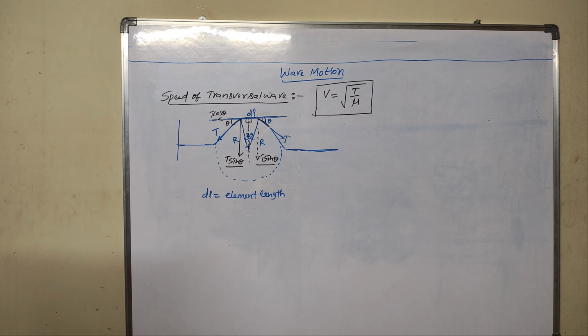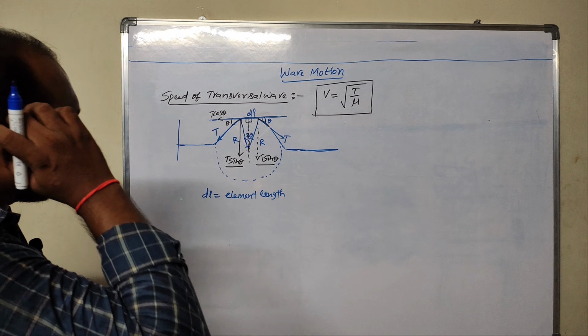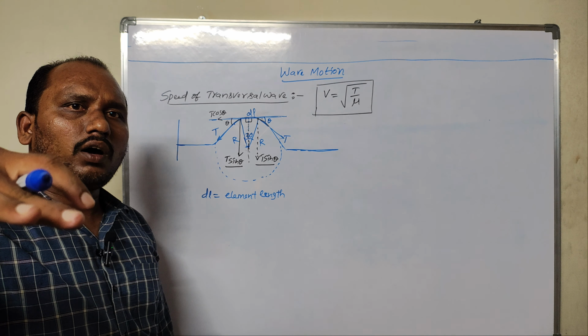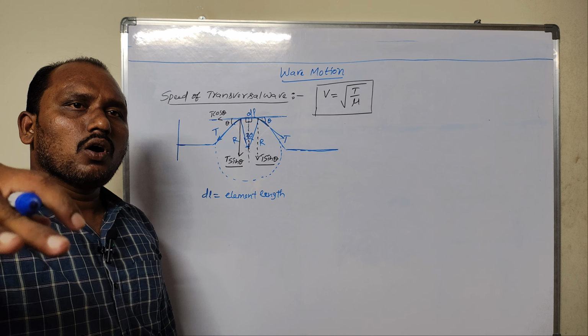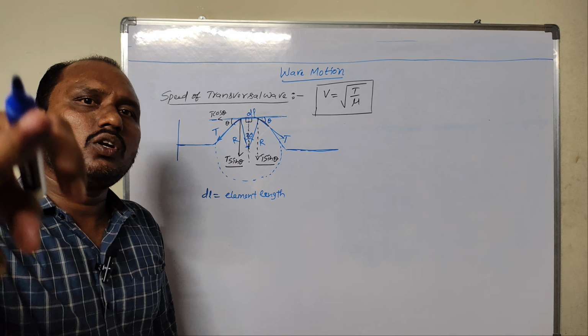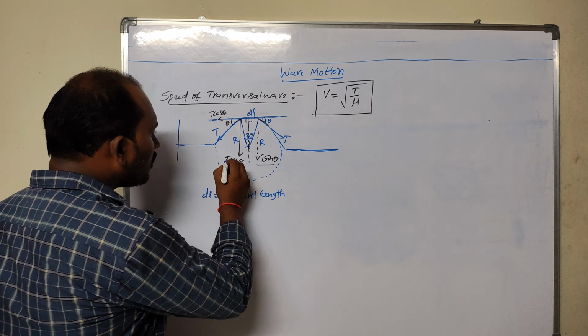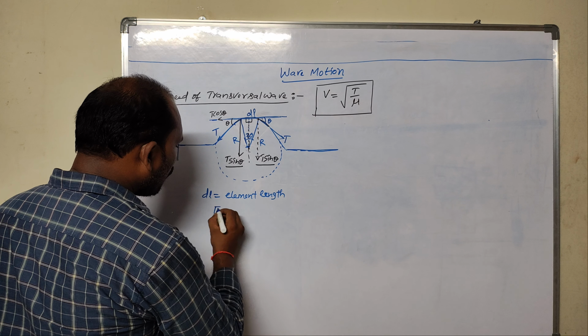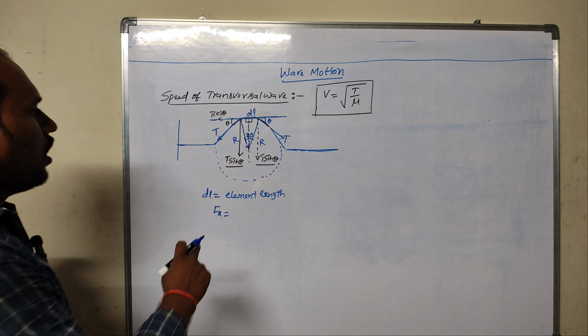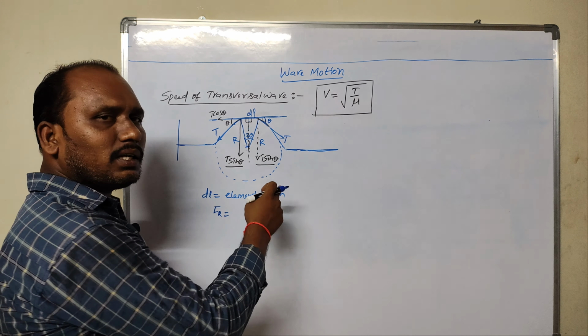In the same direction. Actually, when we take a string and apply a deforming force, automatically in the opposite direction there is a restoring force applied. What is the restoring force here? F suffix R is equal to the restoring force, the combination of T sin theta and T sin theta.